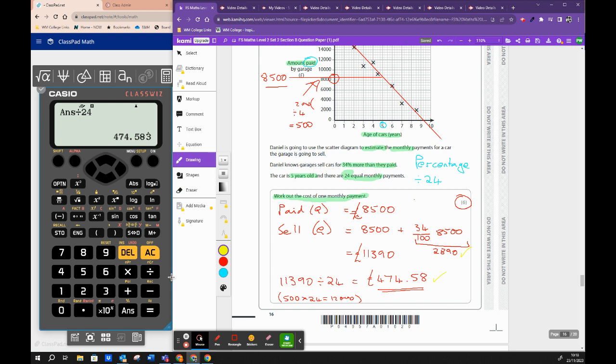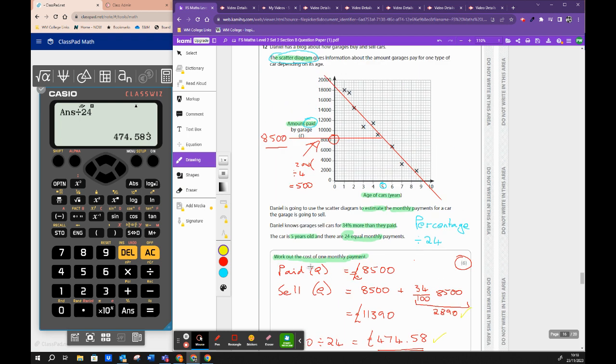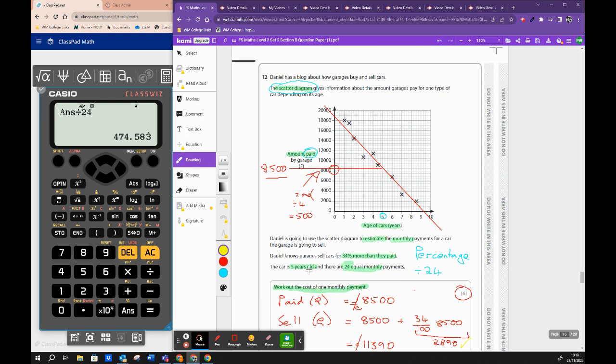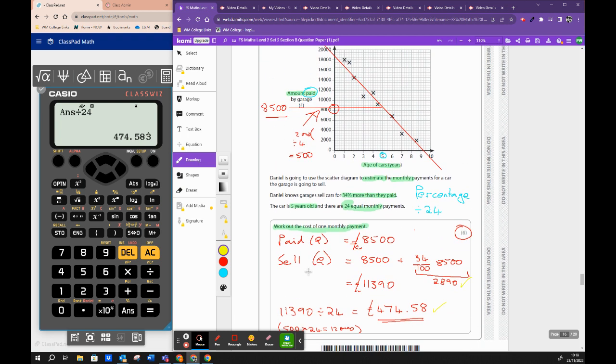Happy that I've done my calculations right. In a 6 mark question like this, I'm just going to go back and make sure that I've really followed what was quite a complicated story. So I've used the scatter diagram to estimate the monthly payments for a car the garage is going to sell.